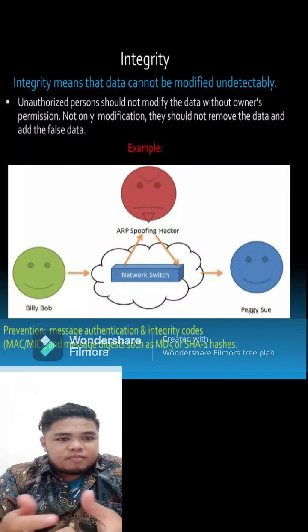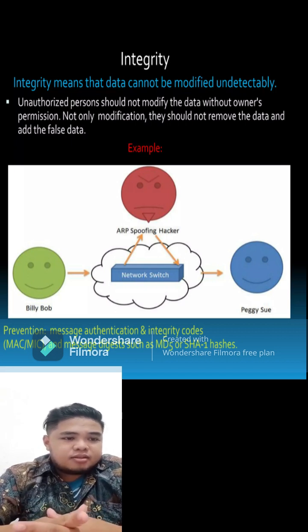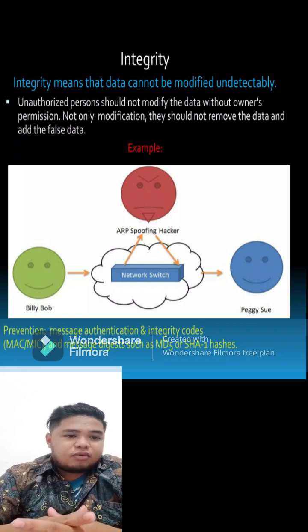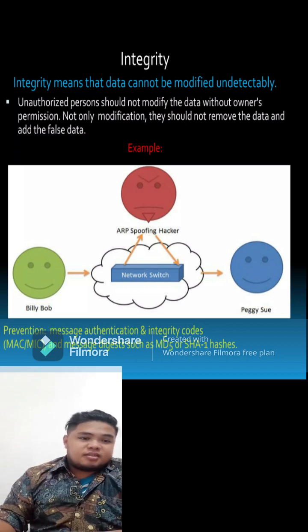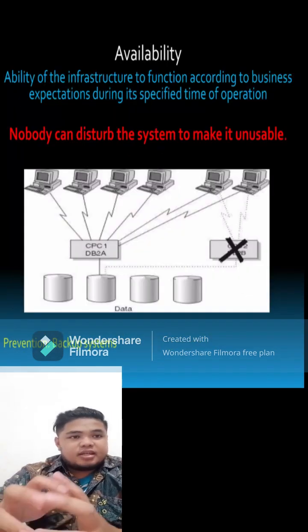Of course, some hackers interfere in such a way. Prevent it with a message authentication code, MAC, and message digests such as MD5 or SHA-1 hashes. So in the next slide, availability.